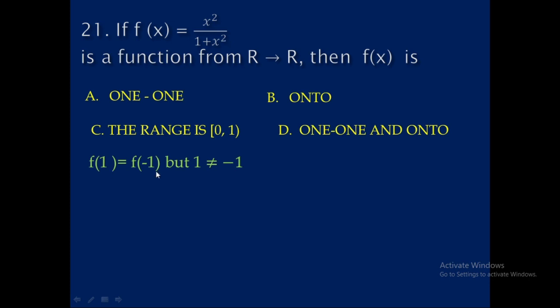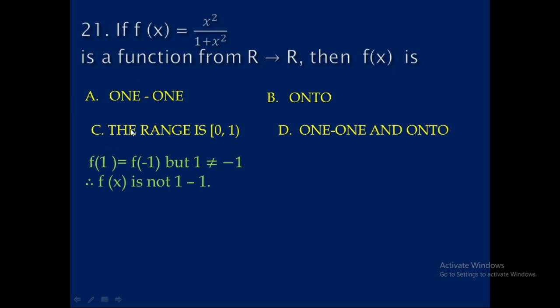Taking 1 and minus 1, f of 1 is 1 divided by 1 plus 1, which is half, and f of minus 1 is also half. Or simply, f of a is a square divided by 1 plus a square, and f of minus a is a square divided by 1 plus a square. a is not equal to minus a, therefore this function is not one-one. It is clear? It is not a one-one function. Therefore, A and D are not true.